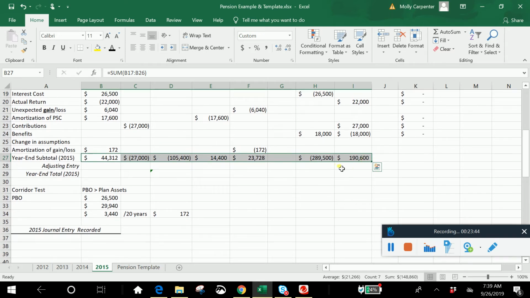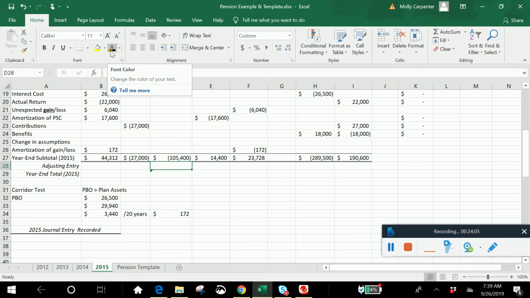Okay, now the differential between my PBO and my plan assets is $98,900. I previously had a liability of $105,400, so now I'm actually going to be adjusting my liability downwards with a debit by $6,500 to get my new year-end total to be that $98,900.